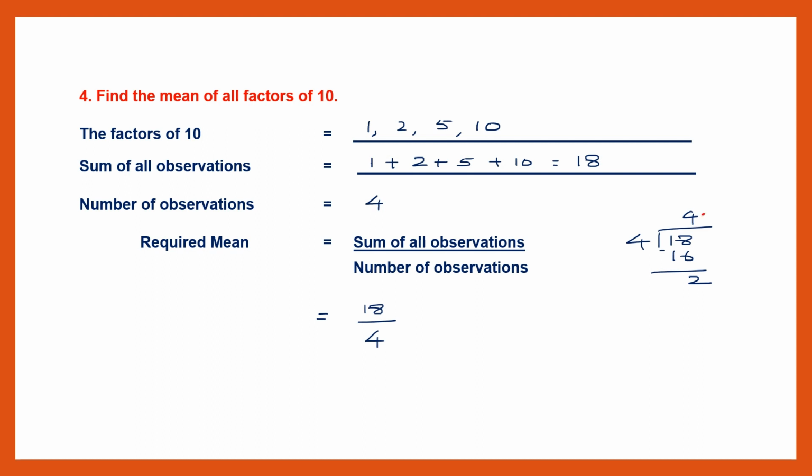Put a point here and put a 0. Carry that 0 down. Now the number is 20. 4 fives are 20. So our division is over and this quotient is our answer. So what do we have there? 4.5. So the required mean for this question is 4.5.